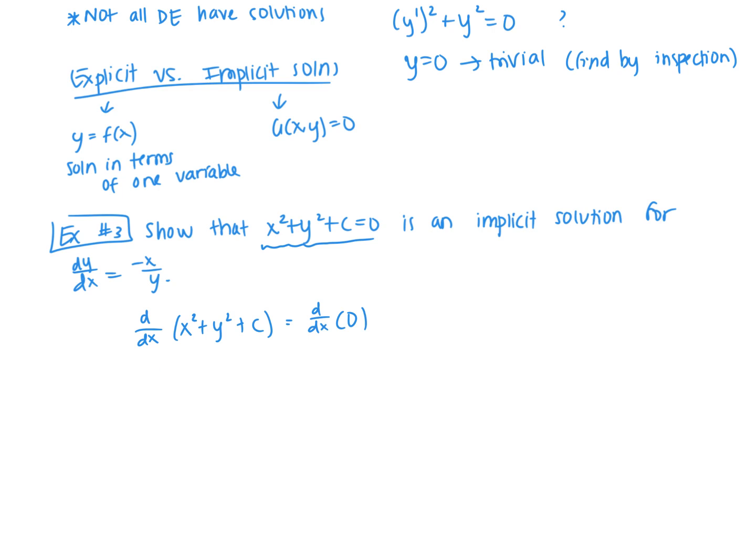So we get 2x plus 2y dy/dx is equal to 0. So then dy/dx for this equation is negative x over y, which is the equation that we have. So yes, implicit solution.